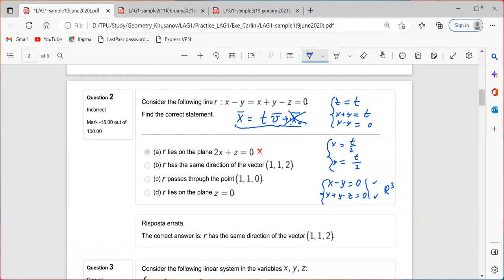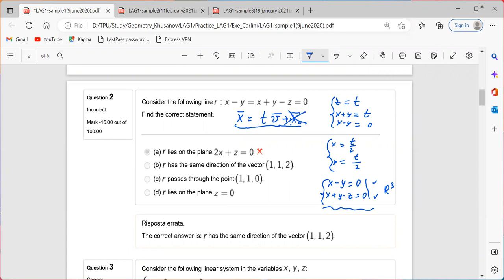And let's consider how we can obtain this x equals tv equation. To compute it, we have to solve this equation system. You see, we have two equations and three unknowns. What can we do? How can we solve this kind of system? Of these variables, it's more convenient to choose z.